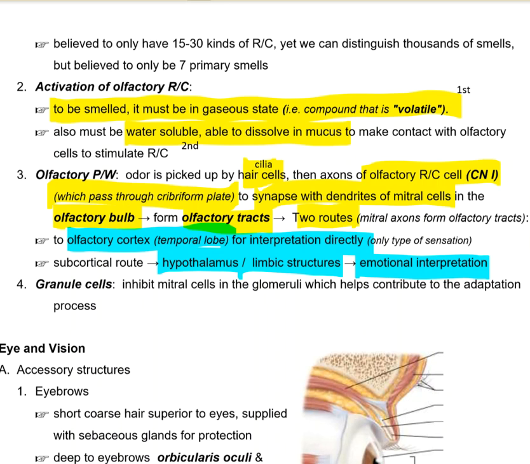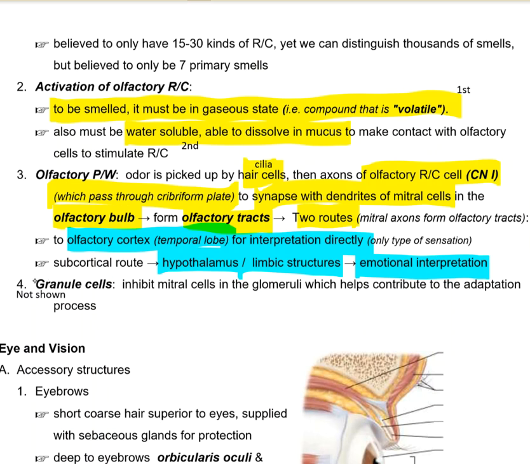Now, there's one other cell type that wasn't shown on that picture above that I want to mention. So we'll make a little note here that it's not shown, just so you know for later, are the granule cells. And granule cells inhibit the mitral cells. And the mitral cells, remember, were in between the olfactory receptor cell and the bulb or the tracts.